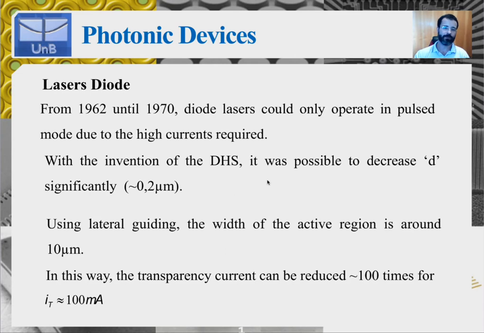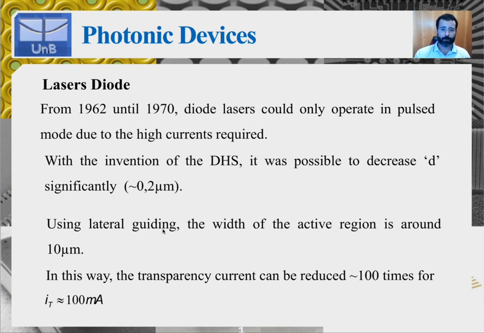Instead of using a regular p-n homojunction, which has a depletion layer with a width of the order of a few microns, it was now possible to use a heterostructure in which the middle layer, the active layer, has a width of around a few hundred nanometers, so around 0.1, 0.2 micrometers, right? So one order of magnitude smaller, at least.